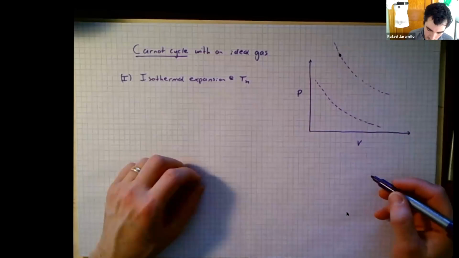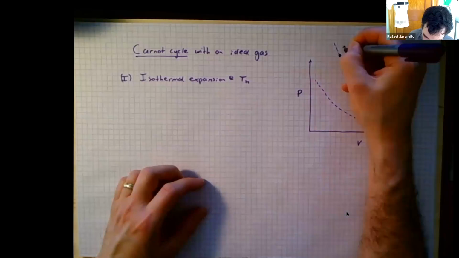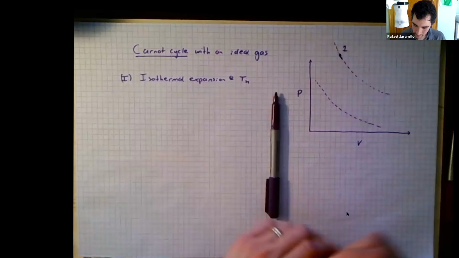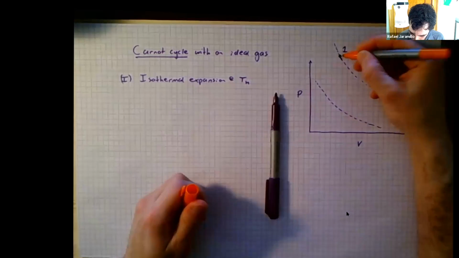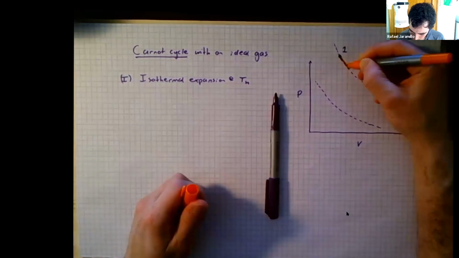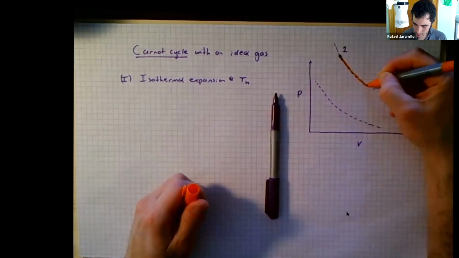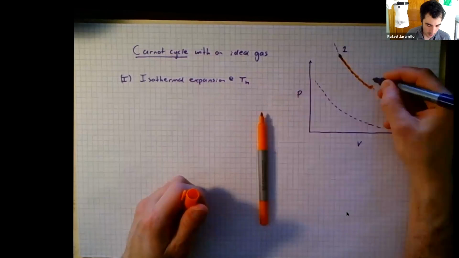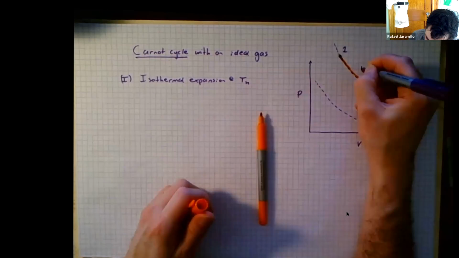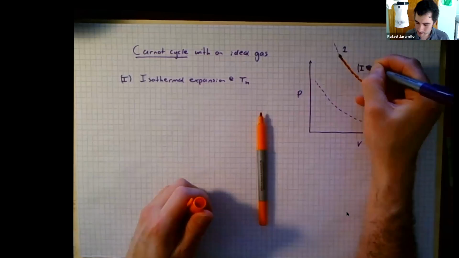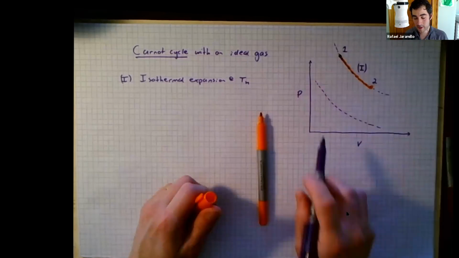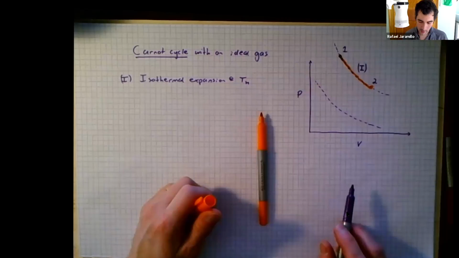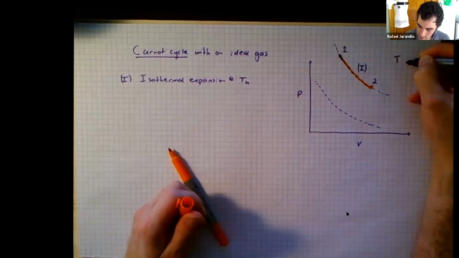Okay, so we're going to start at 1 here, and we're going to go down to 2. So this is step 1. We're starting at a smaller volume, and we're expanding to a higher volume isothermally. This dashed line is the T sub H isotherm.